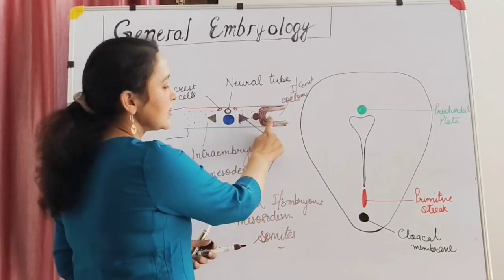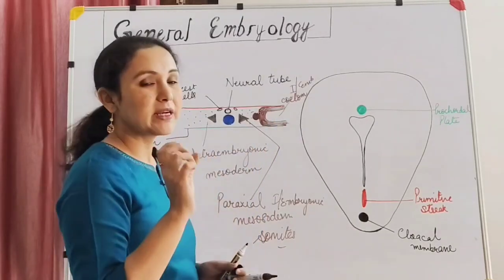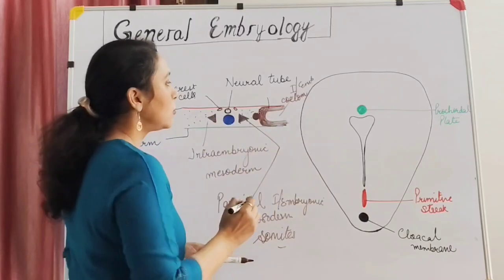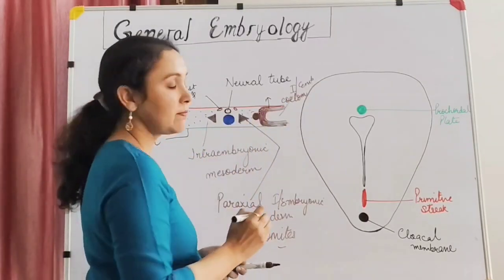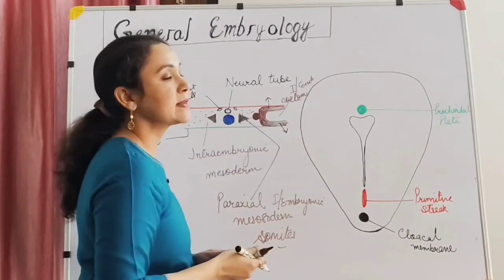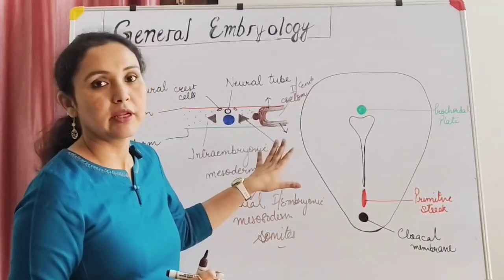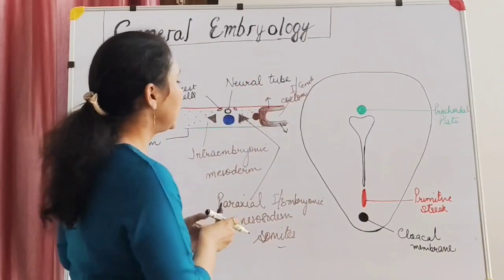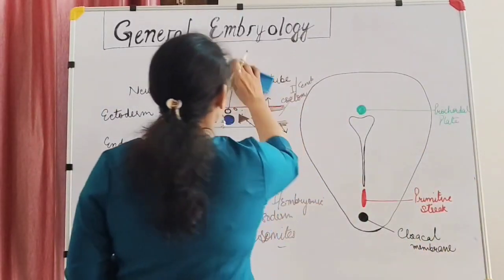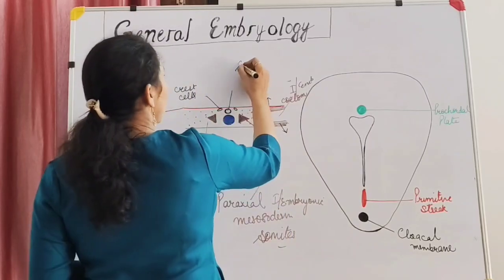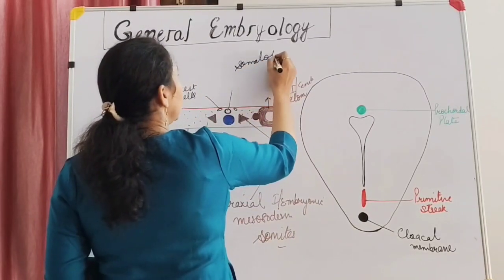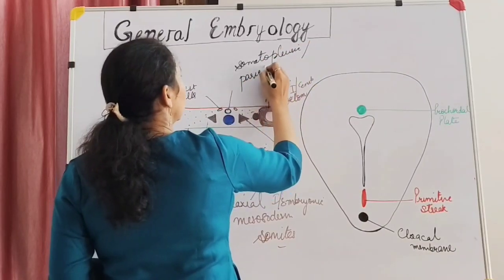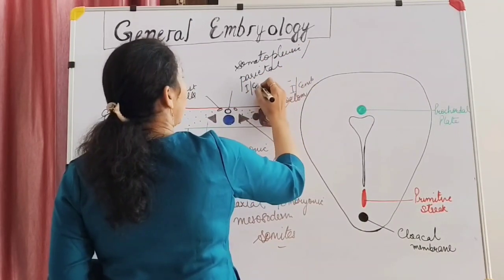Now because of the appearance of this cavity, this lateral plate mesoderm gets split into two. The part above it, we call the somatopleuric intraembryonic mesoderm. The part below is called the splanchnopleuric intraembryonic mesoderm. The above one is called somatopleuric or the parietal intraembryonic mesoderm.